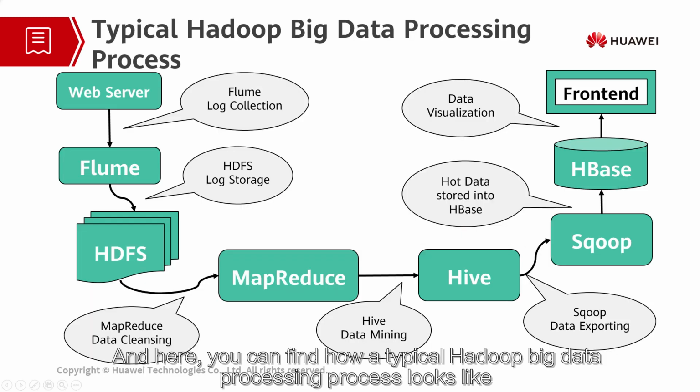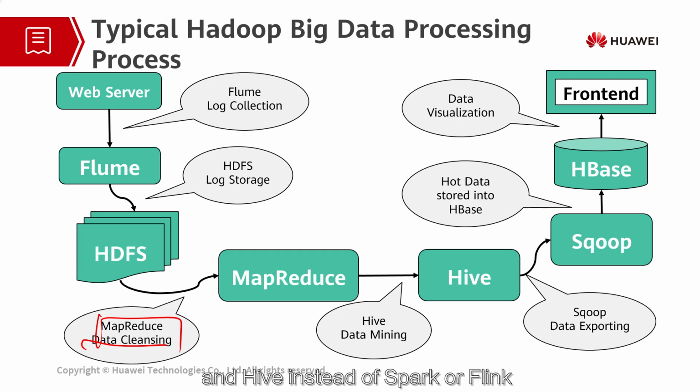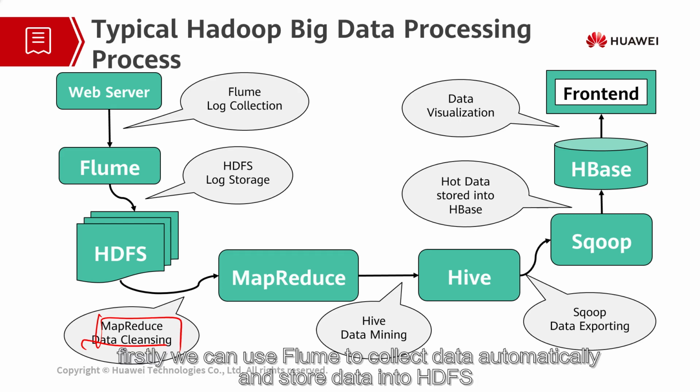And here you can find how a typical Hadoop big data processing process looks like. This is actually an offline processing process because we are using MapReduce and Hive instead of Spark or Flink. So if we need to analyze some logs from a web server, firstly, we can use Flume to collect data automatically and store data into HDFS.